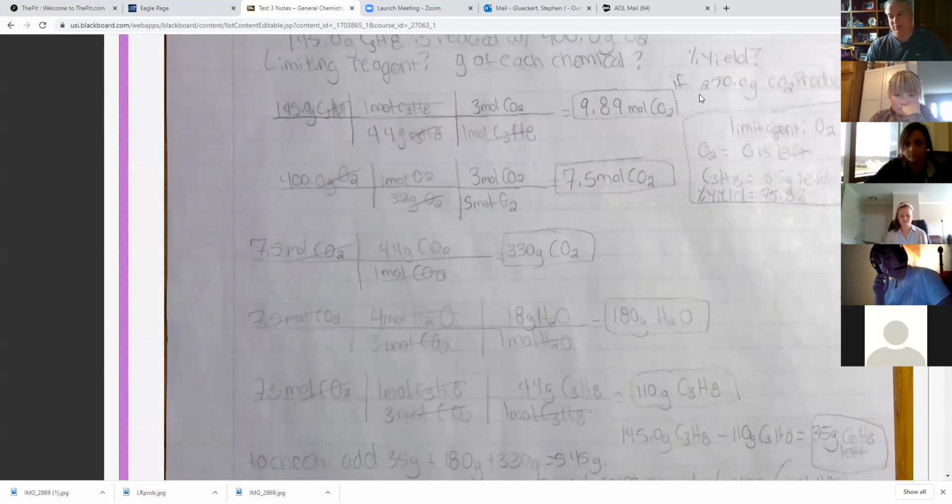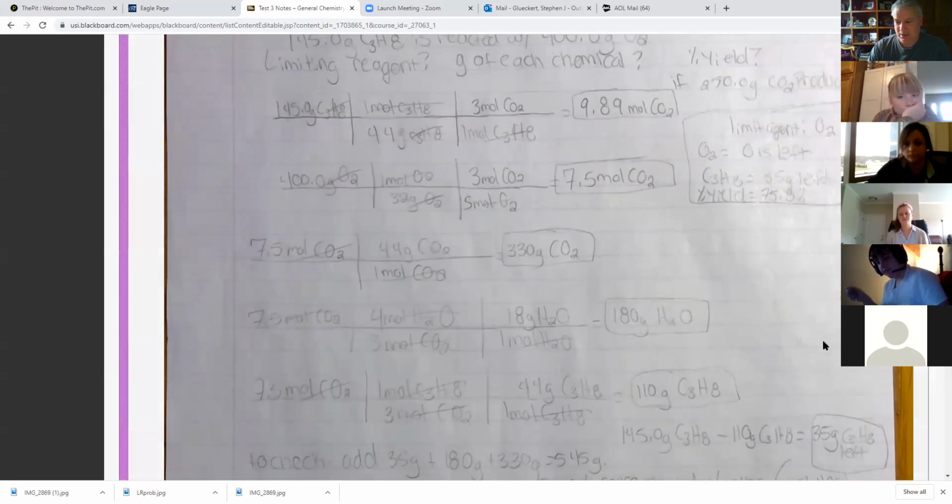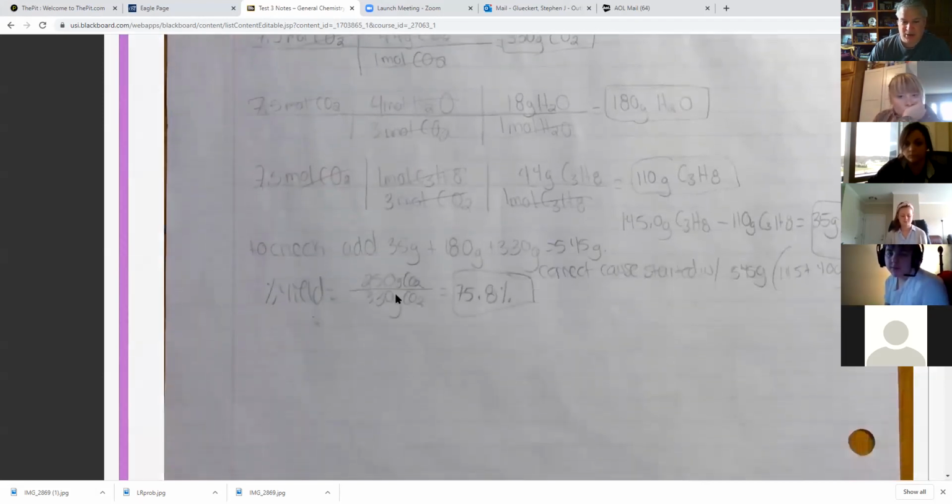Actual or theoretical? Actual. Our theoretical was our calculated 330. So we're simply going to express those as a ratio. We got 250. We were supposed to get 330. Divide them out, multiply by 100 to convert to a percent, and you get 75.8% yield.